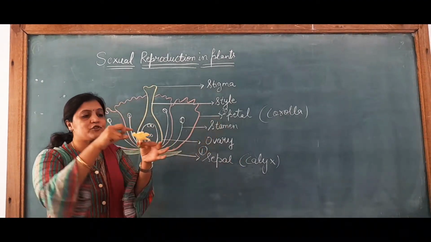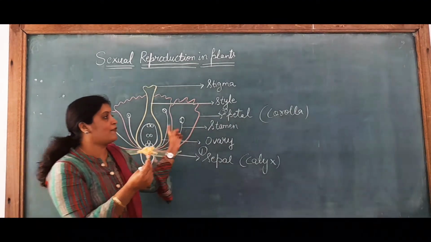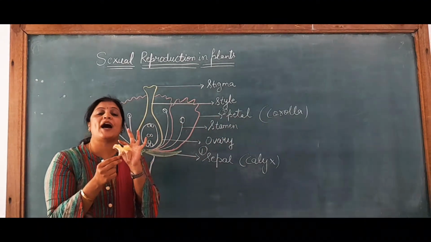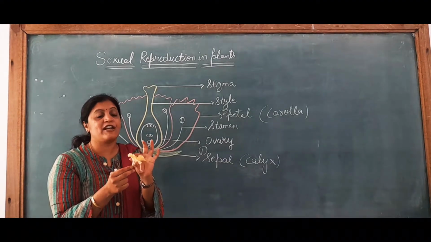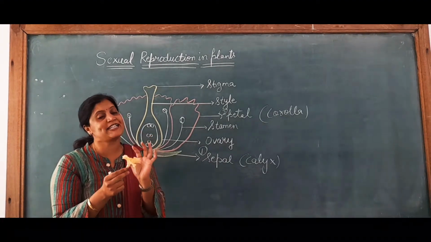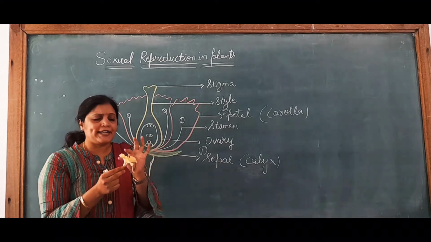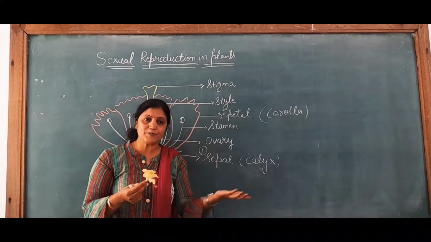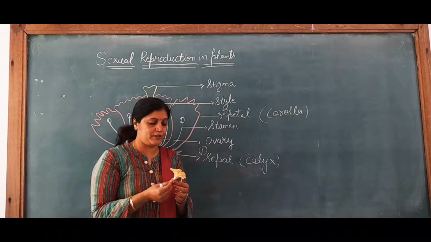Now the colored part is known as petal, collectively called the corolla. Since it is colored, it attracts insects to collect nectar, so indirectly it helps with pollination. What is pollination? We will discuss that afterwards.